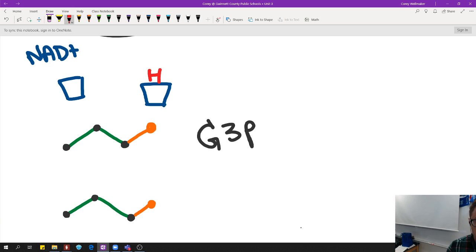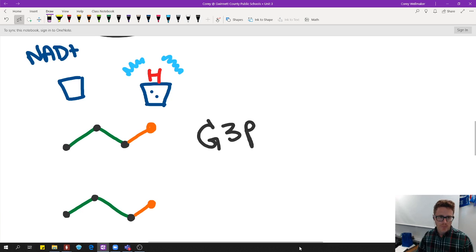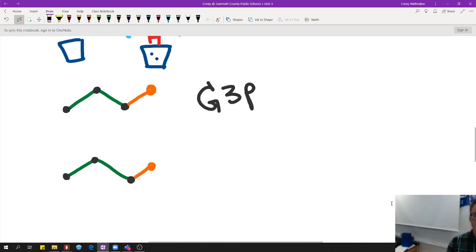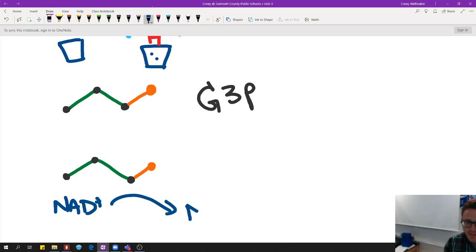So you get a hydrogen and 2 high energy electrons, and we'll draw a buzz to represent the high energy level of the electrons. That's going to happen to both G3P molecules. Both G3P molecules are going to be oxidized. NAD+ comes in, oxidizes G3P. NAD+ is reduced to NADH. Again, these 2 electrons come with it. Buzz, high energy.